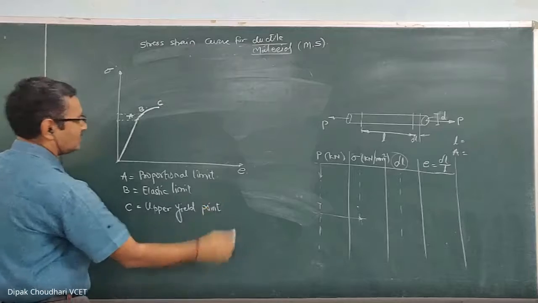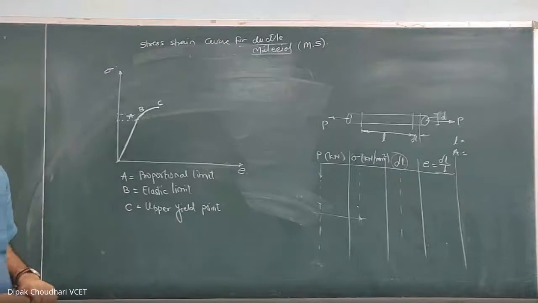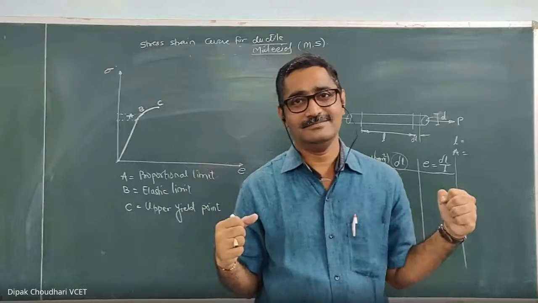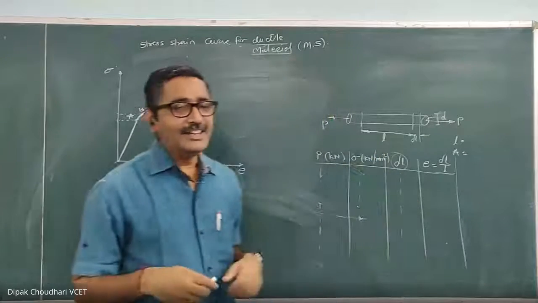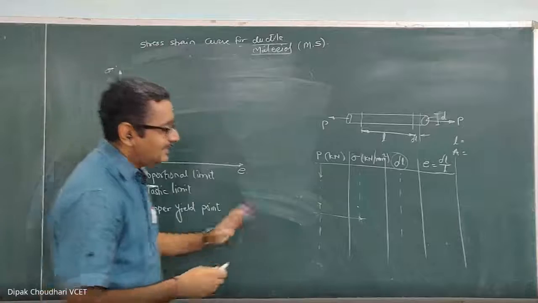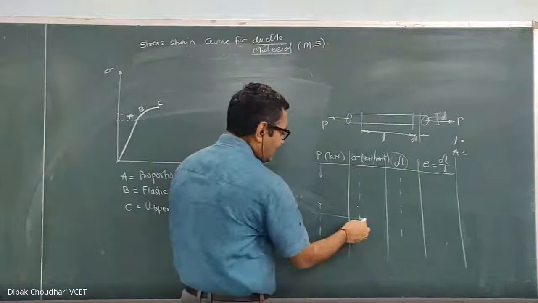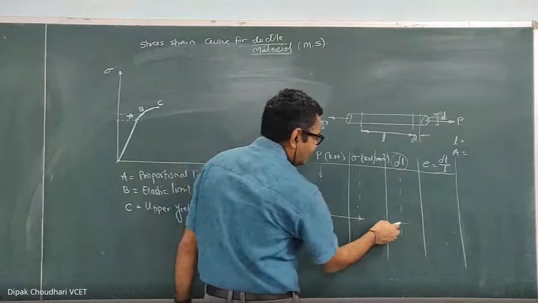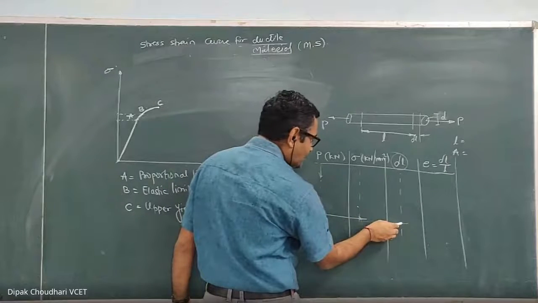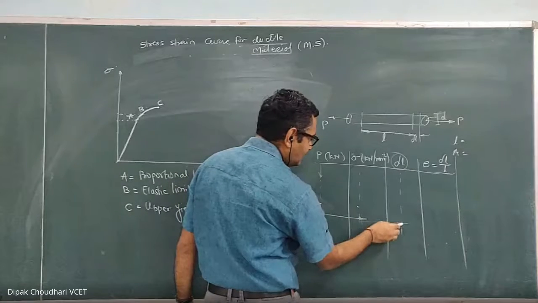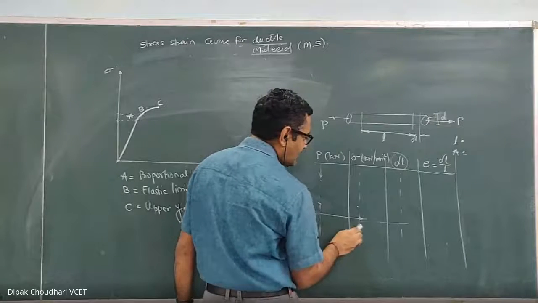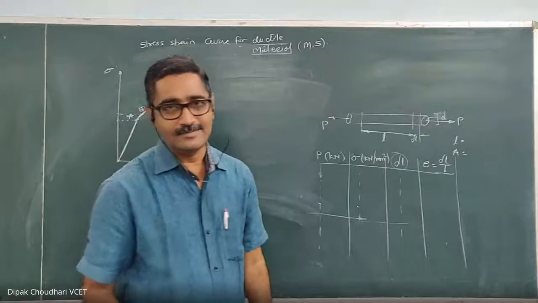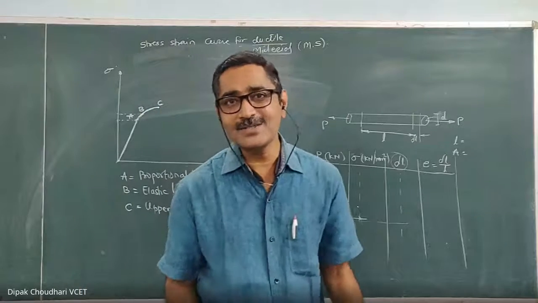Upper yield point. Now, what happened at the upper yield point? At the upper yield point, the yielding starts. Yielding starts means what? You will observe that from the upper yield point there is a continuous deformation, a continuous increase in the elongation, without increase or much increase in the force P. That process is known as yielding.